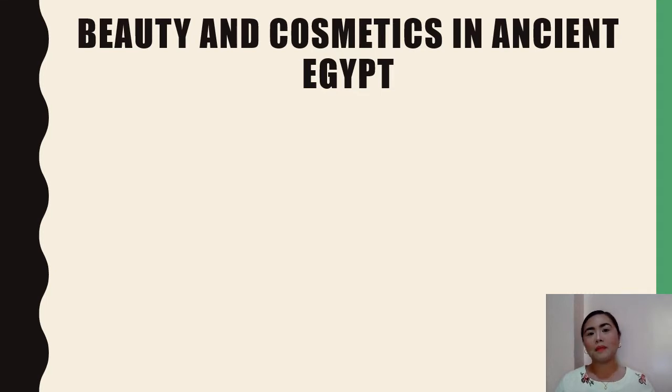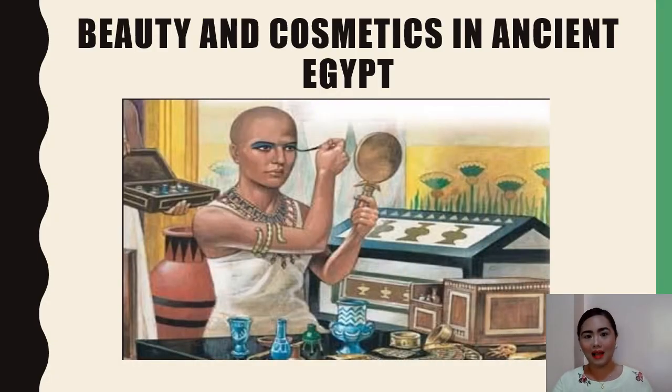The last example of one of the contributions of the ancient Egyptians when it comes to art are beauty and cosmetics. It is also one of the longest lasting contributions of the ancient Egyptians when it comes to art. Now, the ancient Egyptians regarded beauty as a sign of holiness. They regarded it as an integral part of their daily lives.